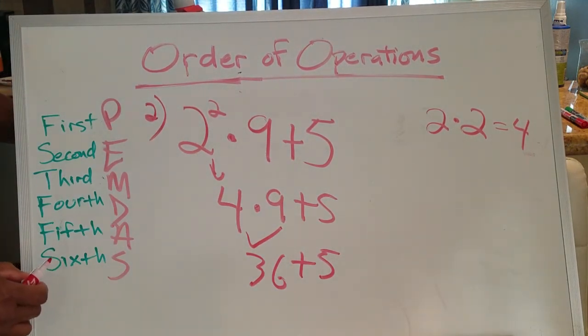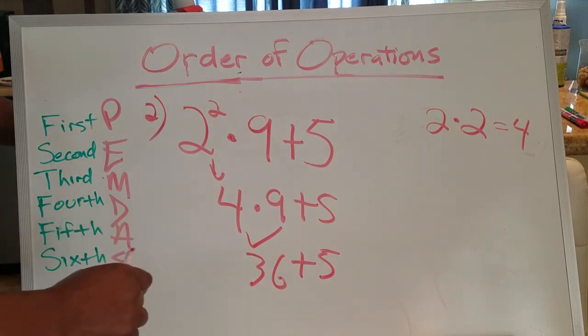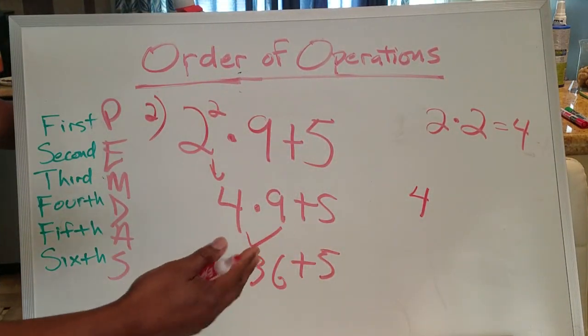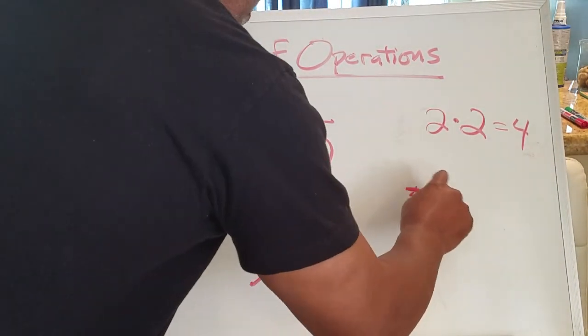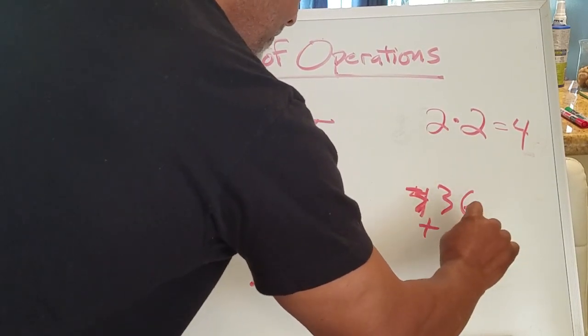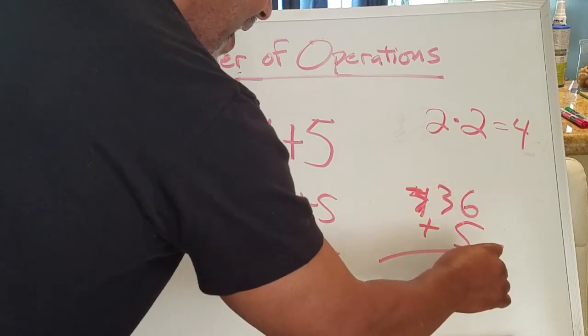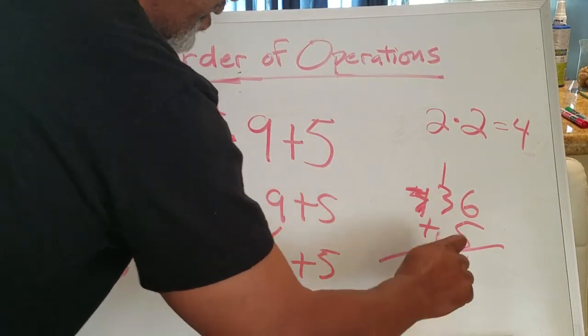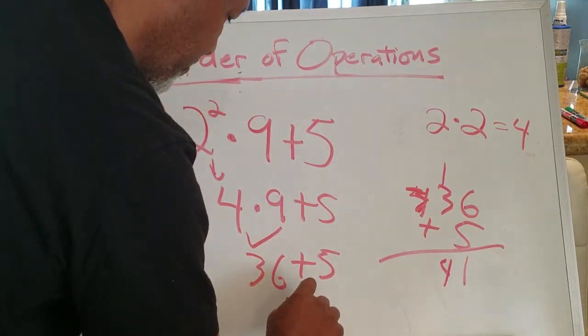Those of you who can do that in your head, you know the answer already. But those of you who don't, I want you to use the paper. Just simply do 36 plus 5. Line it up properly. 6 plus 5 is 11. Carry the 1. 1 and 3 is 4. Your answer is 41.